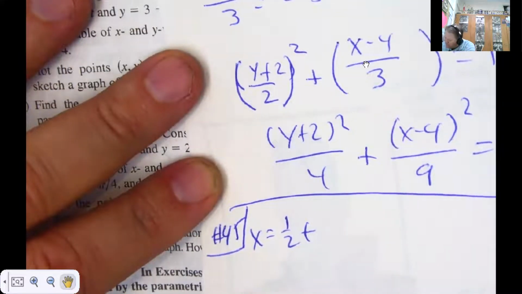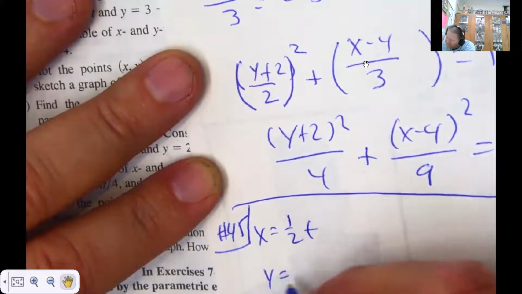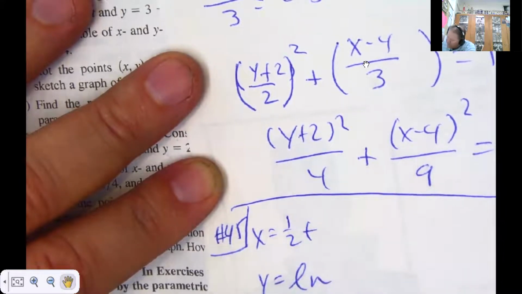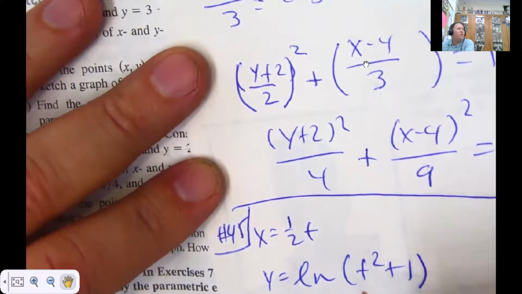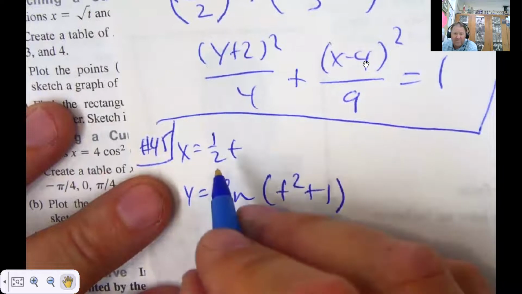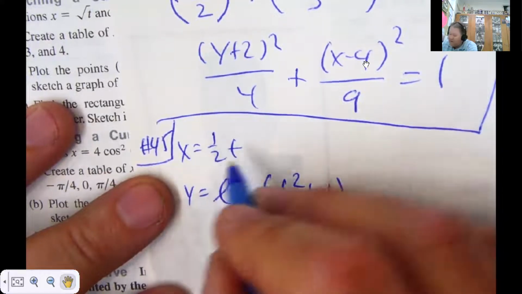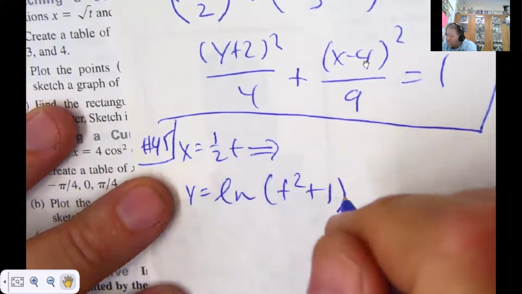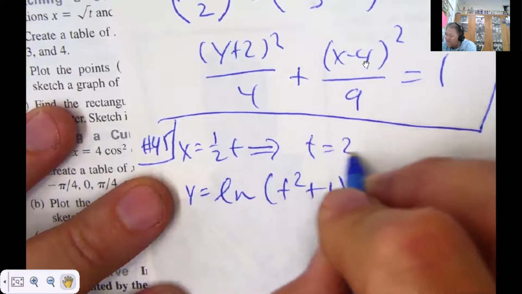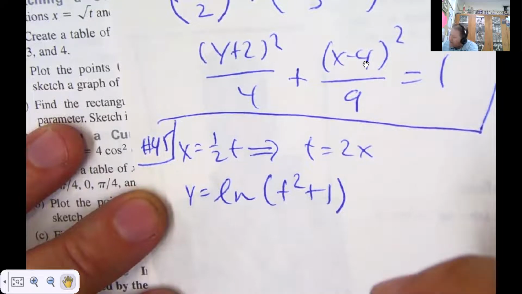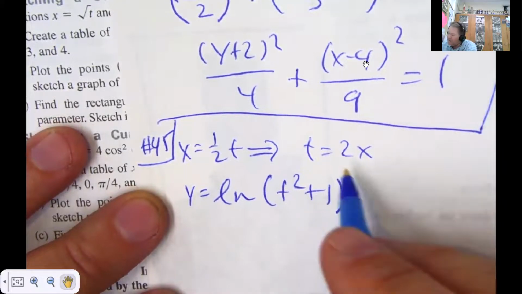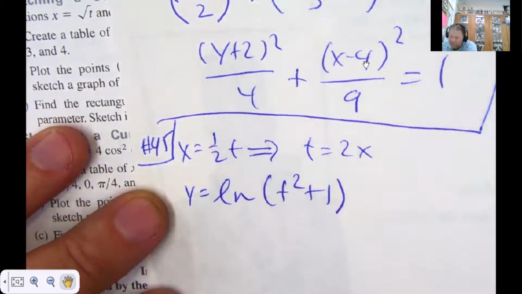And this is going to be y equals the natural log of the quantity t squared plus 1. Same concept. I have to make this say t equals. So if I multiply both sides by 2, I get t equals 2x. Let me just move forward and see if I got it.